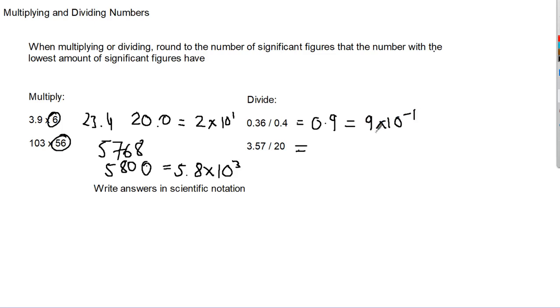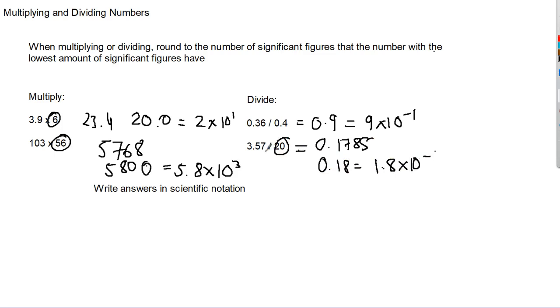Right. 3.57 divided by 20 is 0.1785, I think. Correct me if I'm wrong, but it still rounds to 0.18, and that is 1.8 times 10 to the negative first power.